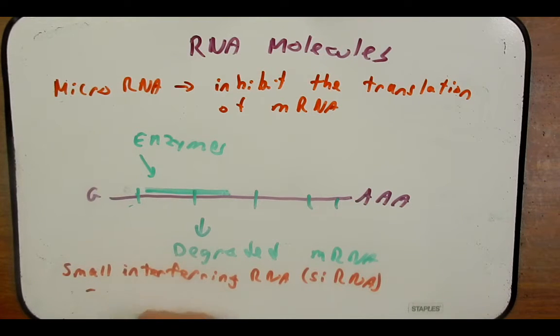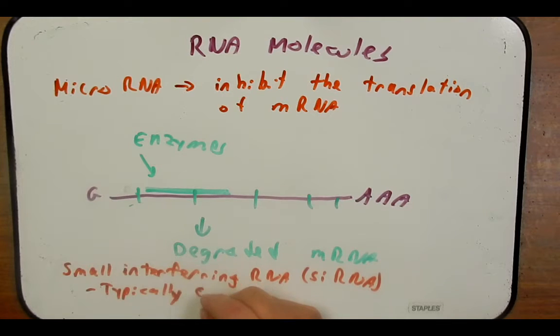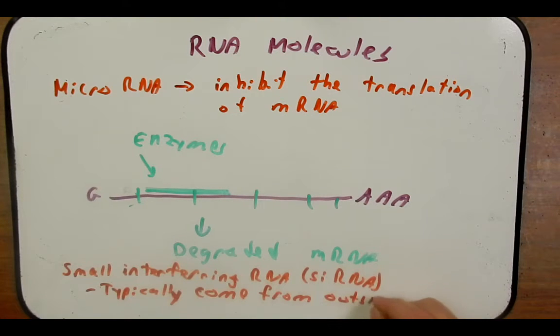The big difference is that the small interfering RNAs typically come from outside the cell. Meaning the microRNAs are made by the cell itself to control gene expression, whereas the small interfering RNA, the siRNA, are introduced from outside the cell. Many viruses will use this approach to degrade certain gene expression of their host cell. That's the big difference that you should focus on.